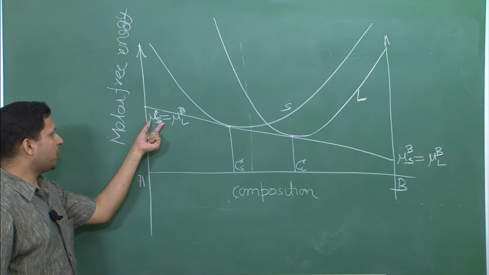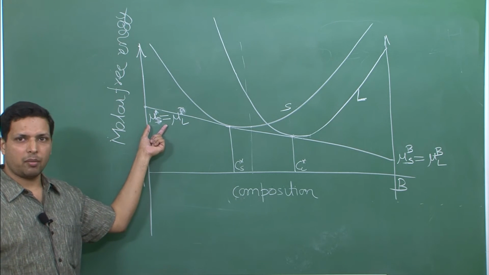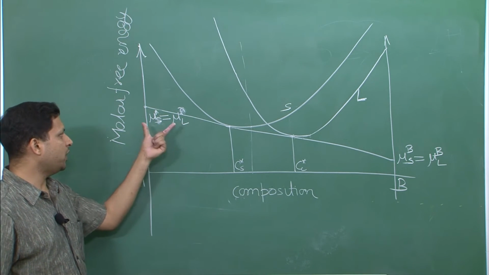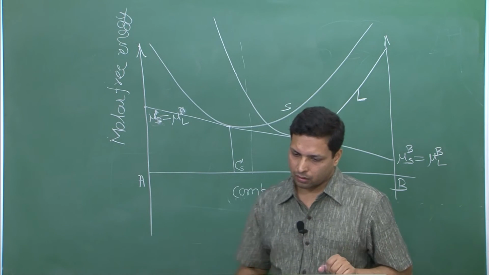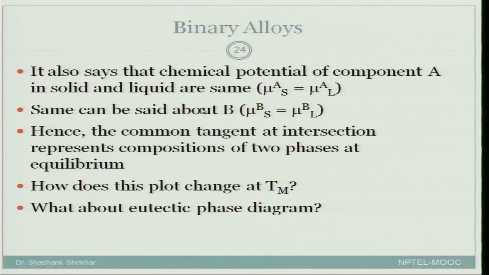So the same can be said about B, mu Bs is equal to mu Bl, hence the common tangent at intersection represents the composition of two phases at equilibrium.